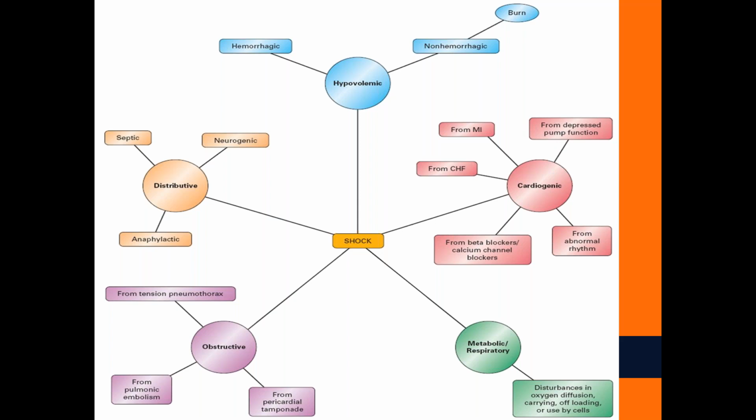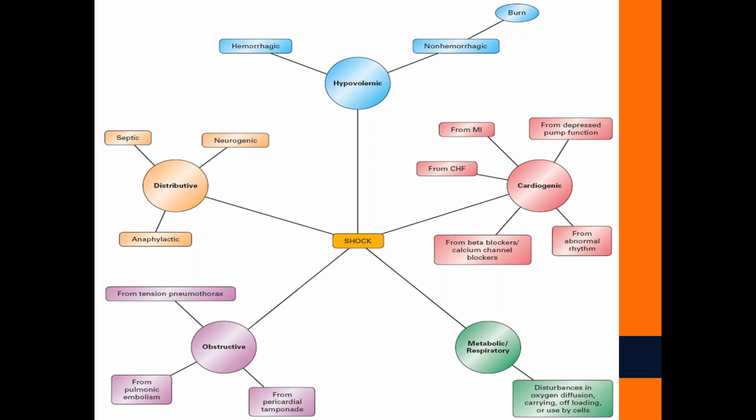Next, we'll move on down to our cardiogenic shock. So we already talked about myocardial infarction. A patient has a heart attack, part of their heart muscle dies, and that heart muscle will never pump again. So it's going to significantly limit the amount of pumping that the heart is actually going to do. Anything that's going to depress the pump's function is going to cause some cardiogenic shock.